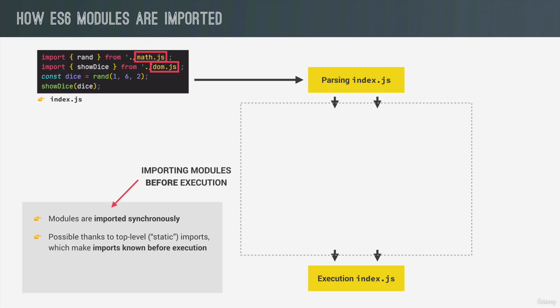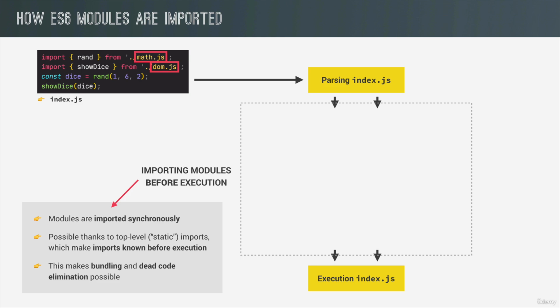But you might ask, why do we actually want modules to be loaded in a synchronous way? Isn't synchronous bad? Well, the answer is that this is the easiest way in which we can do things like bundling and dead code elimination, so basically deleting code that's actually not even necessary. And trust me, this is very important in large projects with hundreds of modules, and that includes third-party modules, from which we usually only want a small piece and not the entire module.